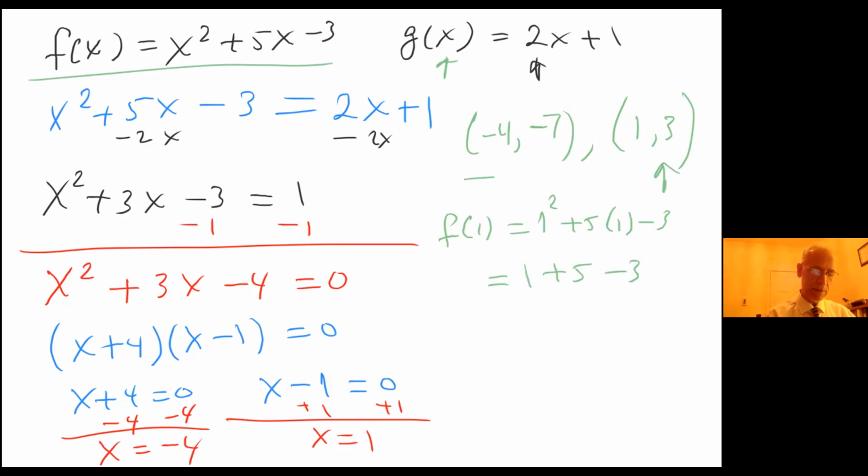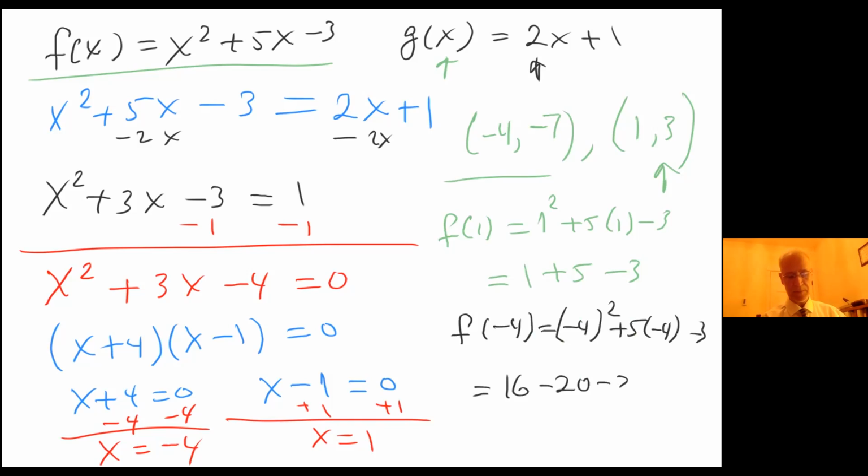Let's try negative 4 and put in the negative 4. F of negative 4 equals negative 4 squared plus 5 times negative 4 minus 3. So that equals 16 minus 20 minus 3.